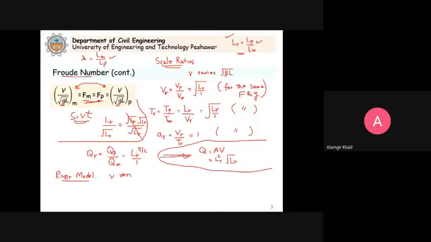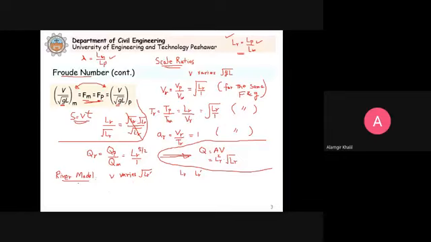V varies as square root of LR prime. So we have LR, the length scale ratio, and then we have LR prime. This shows that the two scales are not the same. So in a river model, V will vary as square root of LR prime, where LR prime is the length scale ratio in the vertical direction.